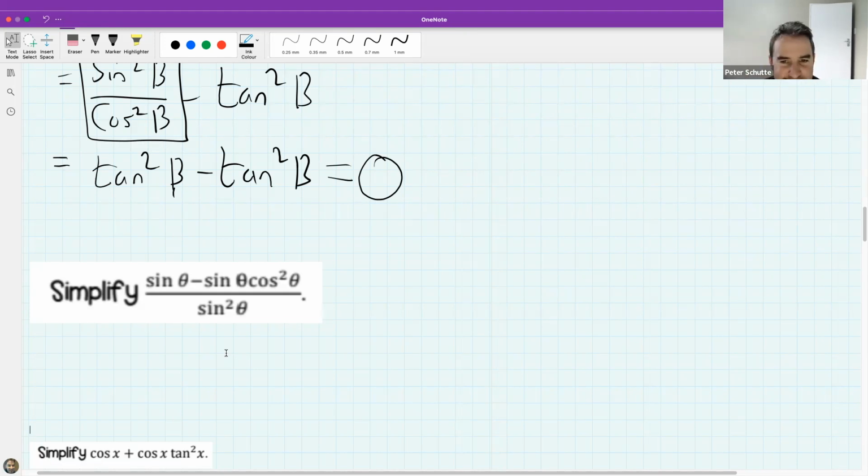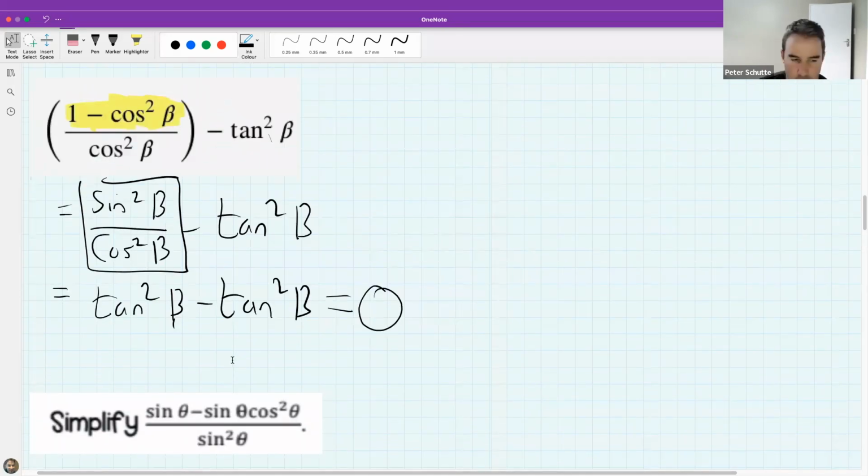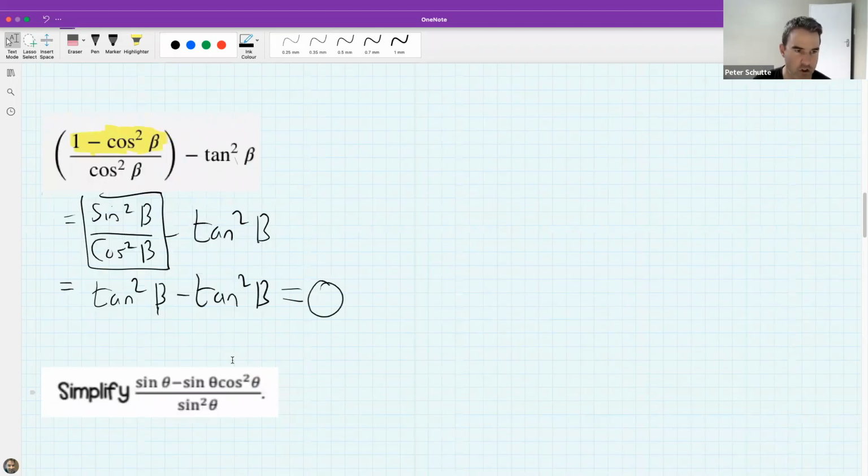Yes. Oh, that's a good hint. That is a good hint. So, okay. So in the previous one, I first started by replacing the 1 minus cos squared beta with that.